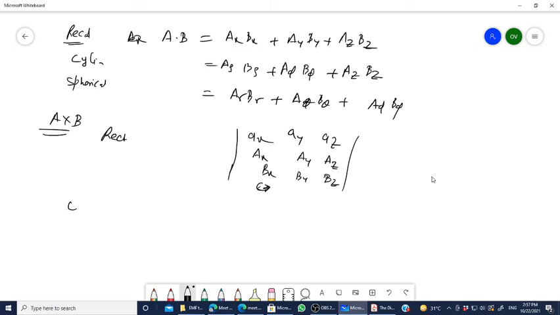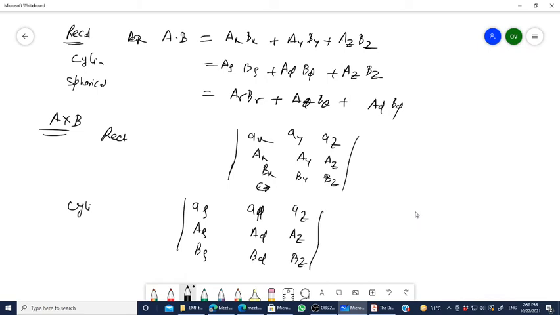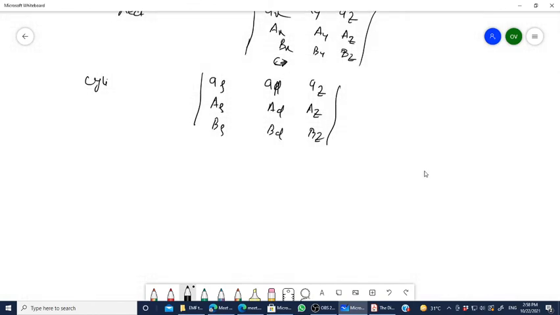When it is represented in cylindrical form, it is represented like a rho, a phi and az. इसके लिए हो जाएगा a rho, a phi, az, b rho, b phi, bz, and in the spherical coordinate, this becomes ar, a theta, a phi, br, b theta, b phi.